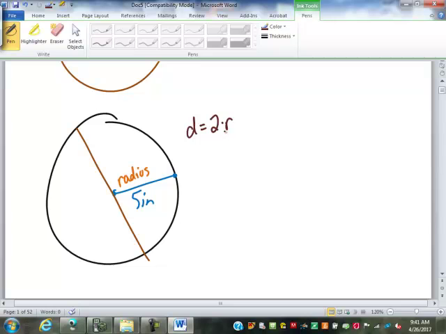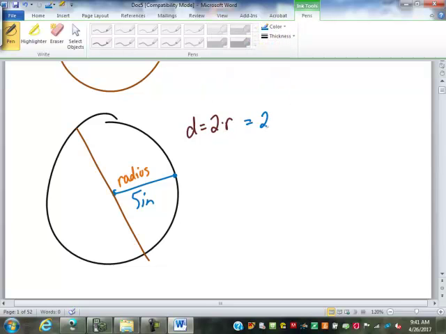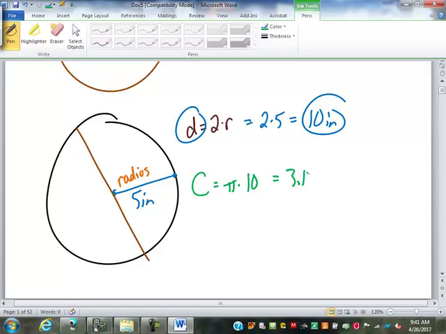Twice the radius, right? 2 times the radius. So if the radius is 5, 2 times 5 is 10 inches for the diameter. So then the circumference is pi times 10. So 3.14 times 10, or 31.4 inches.